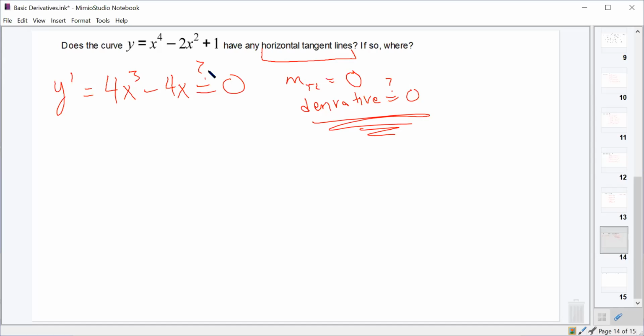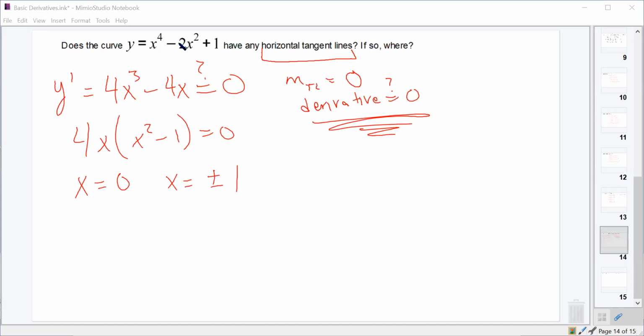How can I solve that? Factor out the 4x, right? Which gives us x equals 0 and x equals plus or minus 1. Everybody agree with that? Cool. So that's where it has horizontal tangent lines.